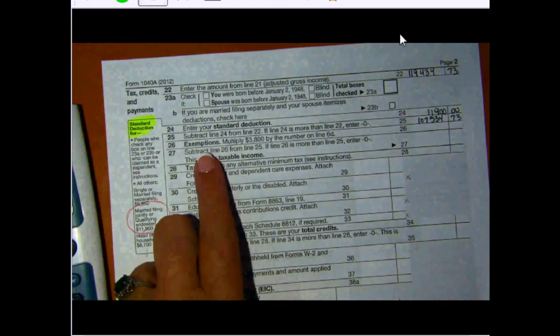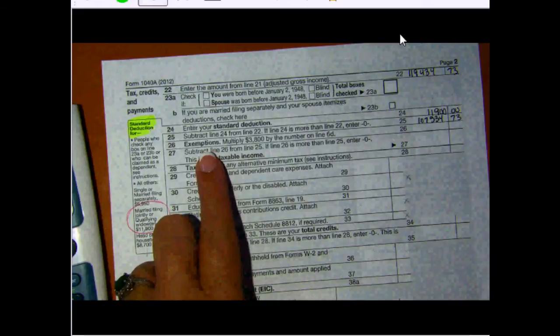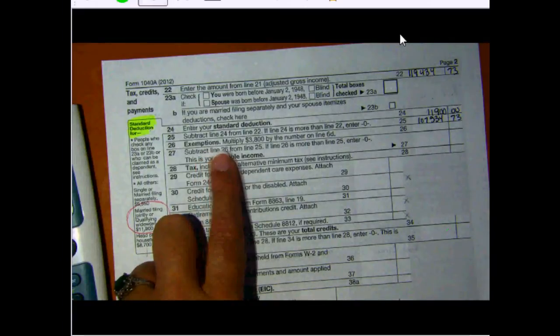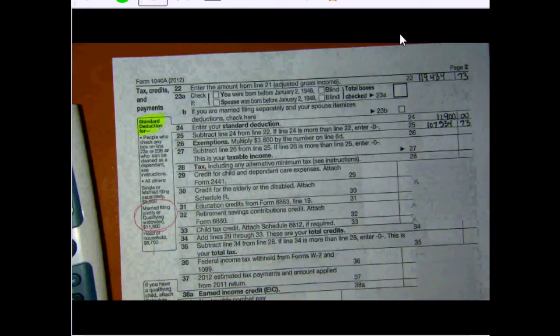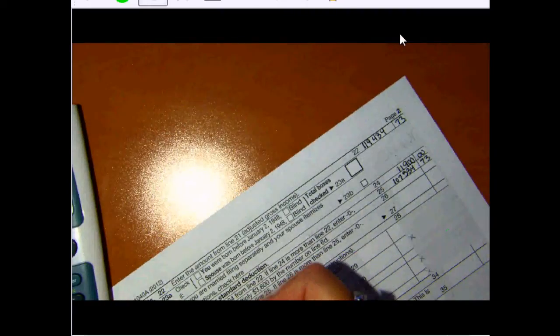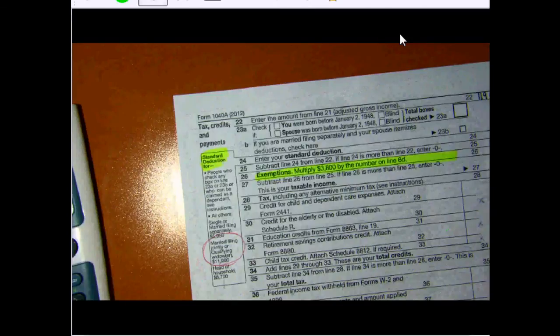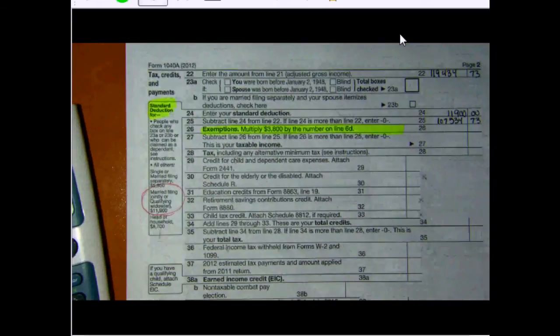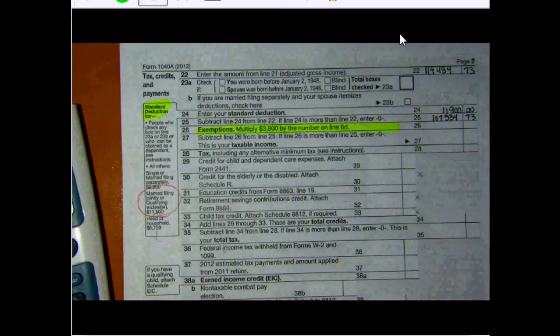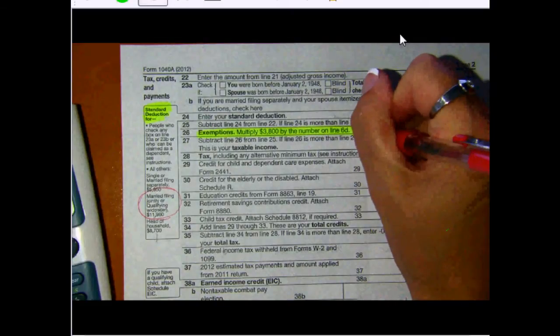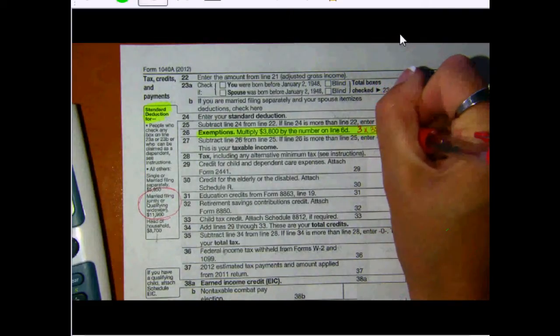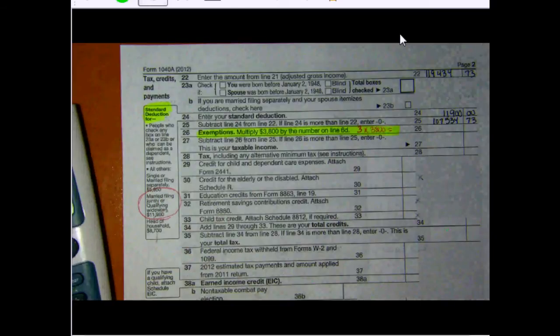Now remember where I said exemptions, that number we put in the box up front is going to become important. That's the number from 6D. Our line 6D had 3 people on it, right? So 3 times 3,800, which is 11,400.